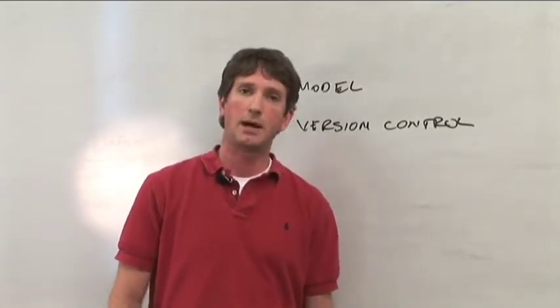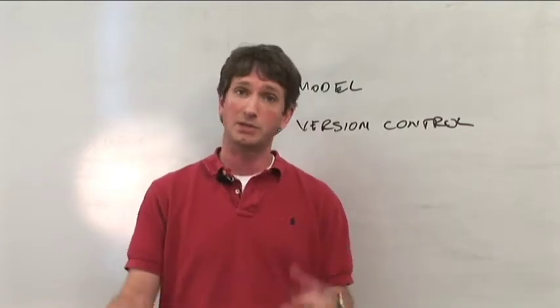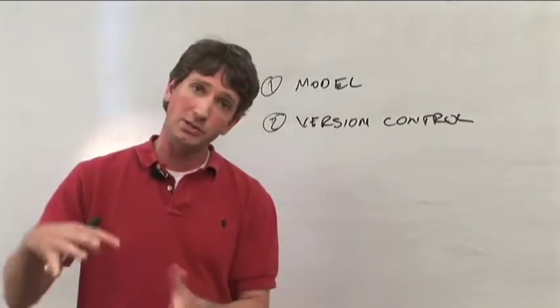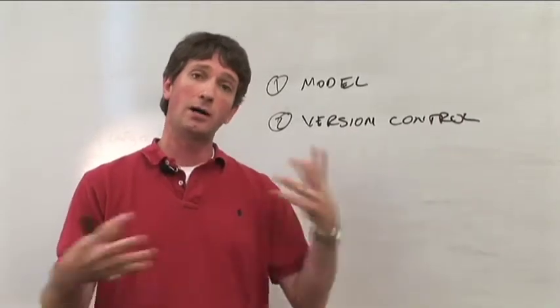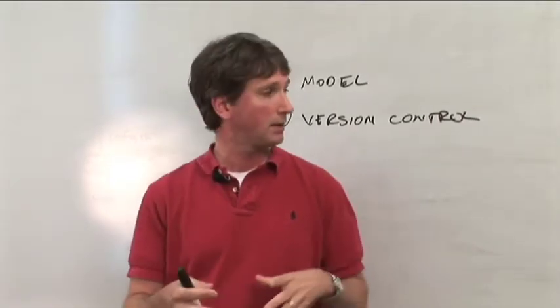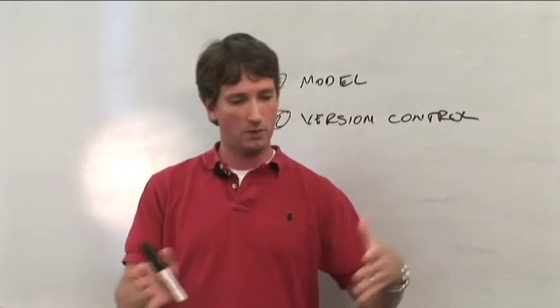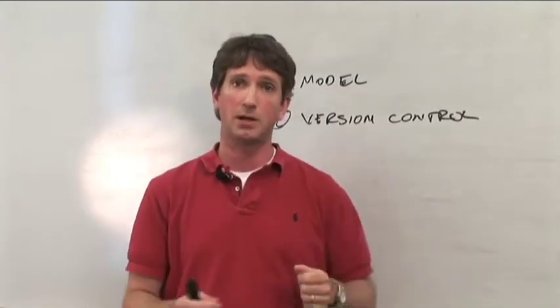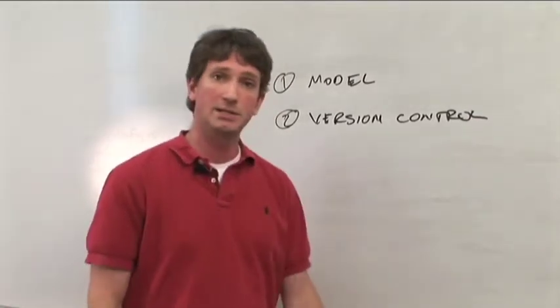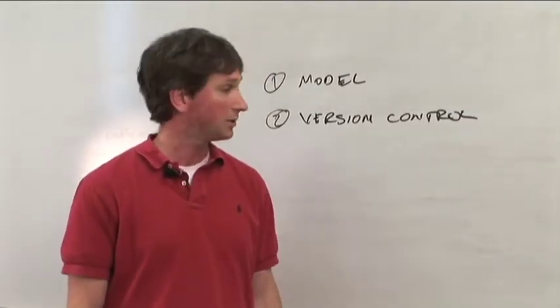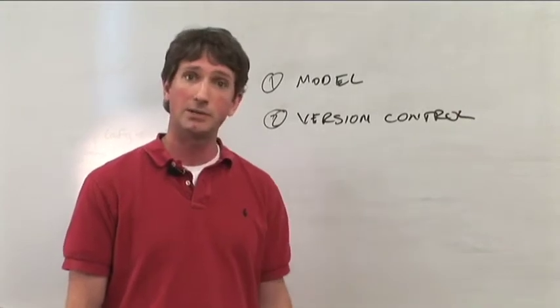I can let every developer make changes as fast as they want, and I'll let my automation system downstream merge different changes together and log what's happened in what order, and maintain things like branches where I put some changes in one version of the product and other changes in another. Really, version control is a technique to deal with the massive flow of change that's coming into any complicated system.